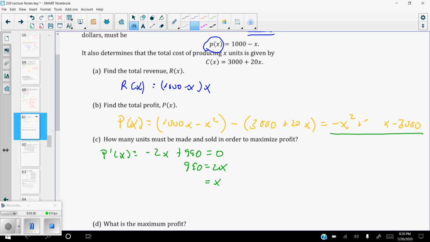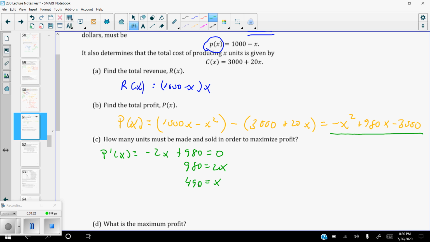So let's go ahead and change that to 980x, which is going to make this different down here. So that's going to be 980. Okay, now we'll divide by 2, and that's going to be 490 and not 495, like I said.